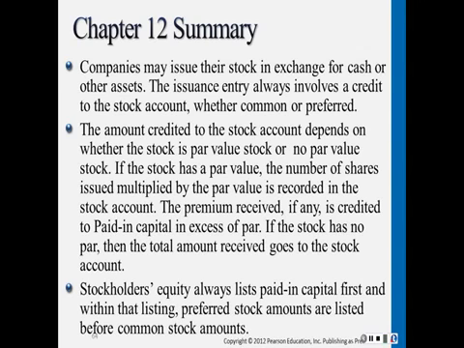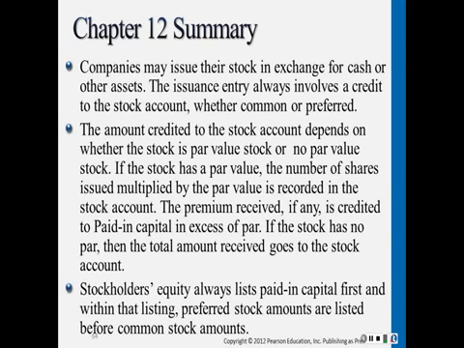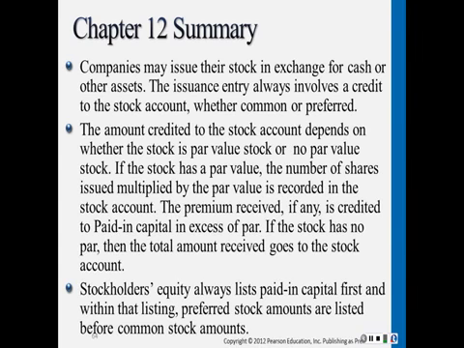The premium received, if any, is credited to paid-in capital in excess of par. If the stock has no par, then the total amount received goes to the stock account. Stockholders' equity always lists paid-in capital first, and within that listing, preferred stock amounts are listed before common stock amounts.